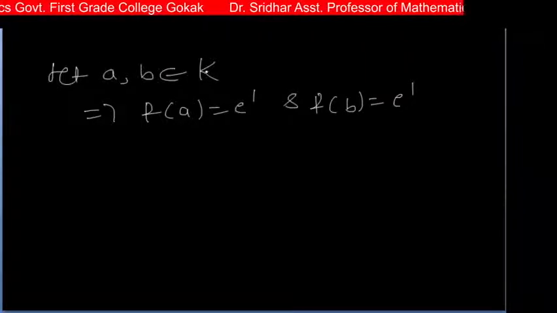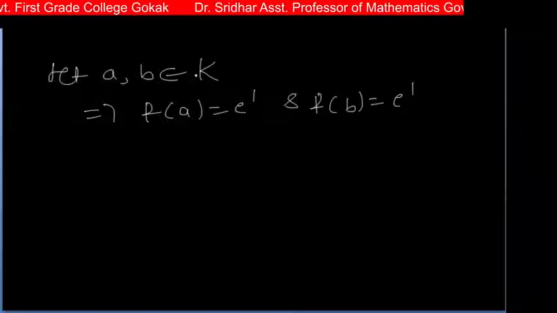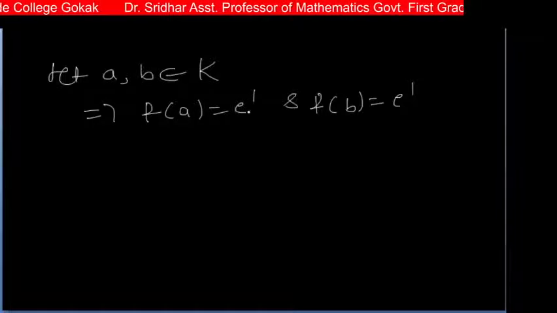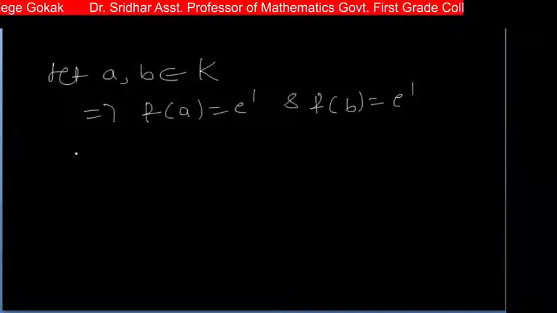Kernel always has the elements whose images are equal to the identity element of G dash. So f of a is equal to e dash and f of b is equal to e dash.